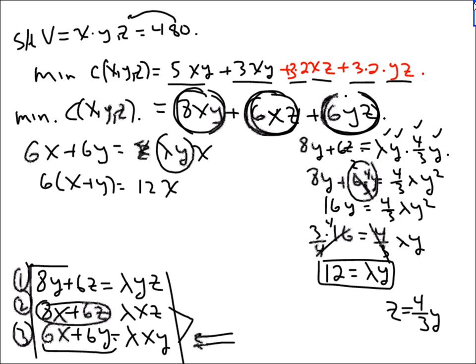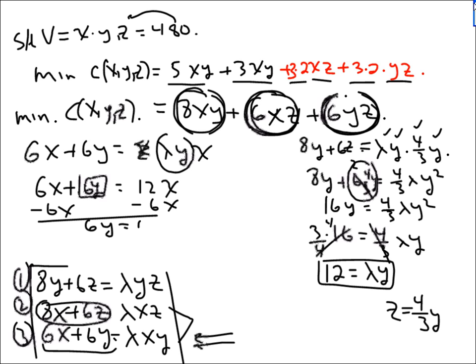Actually, let me not distribute. Six x plus something is equal to 12x. What's in that box must be 6x. But it's 6y. That is, 6y and 6x are equal. Take away 6x from both sides and you will see that 6y is 6x. That means x is y.